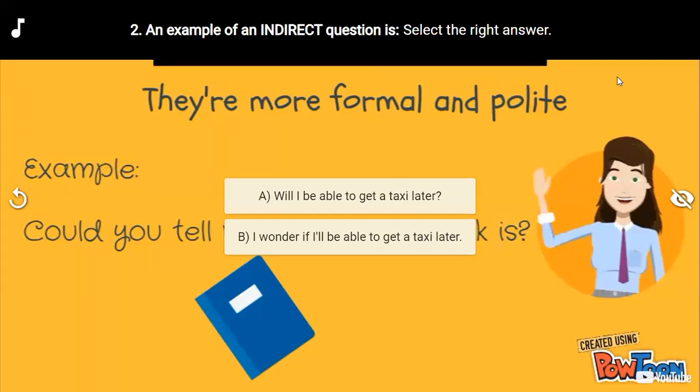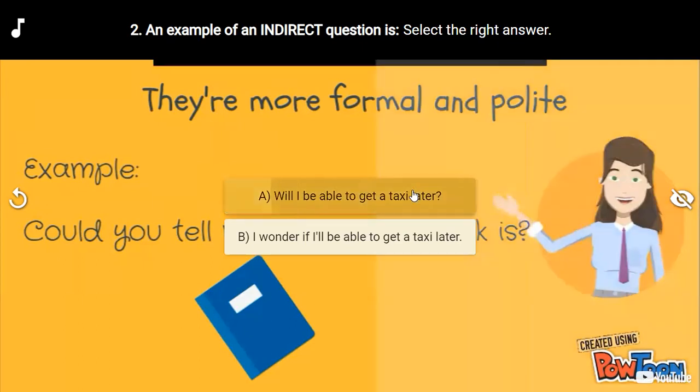Okay, an example of an indirect question is: will I be able to get a taxi later?